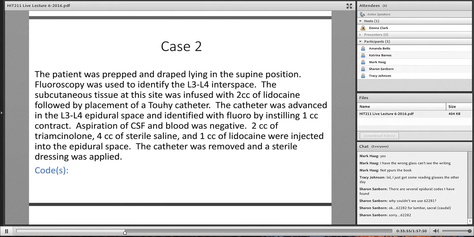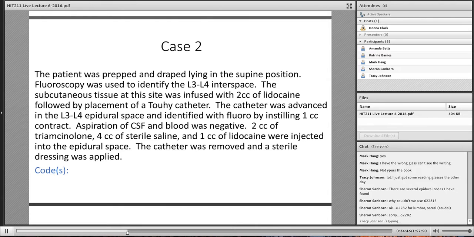All right, so let's see where we are. You said 62282. Okay, 622. I'm not in the right place. No, that wasn't making sense.